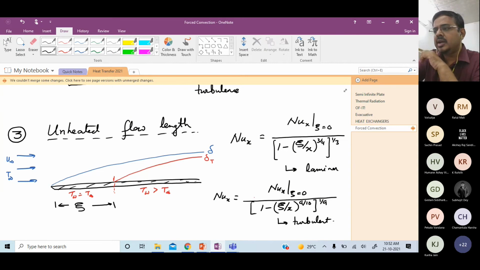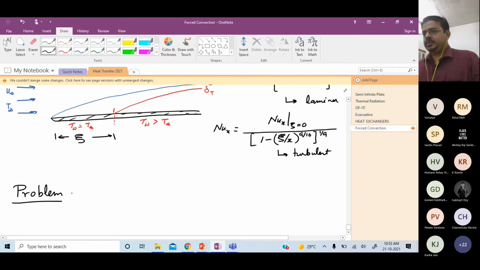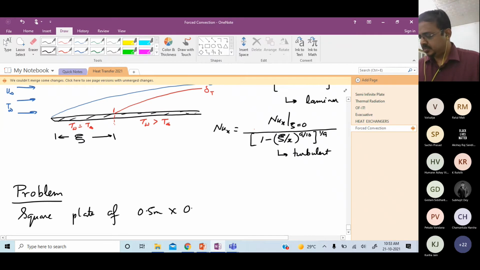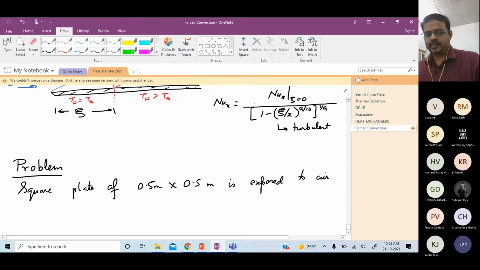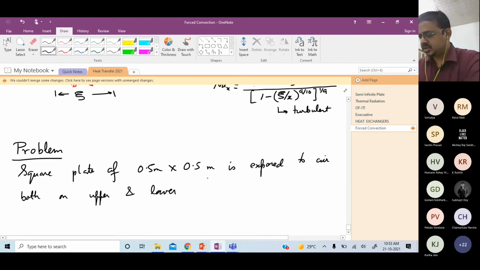So let's do a quick problem. A square plate of 0.5 meters by 0.5 meters is exposed to air both on upper and lower surfaces.